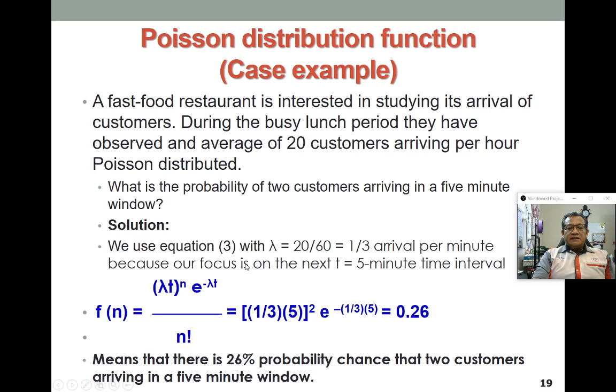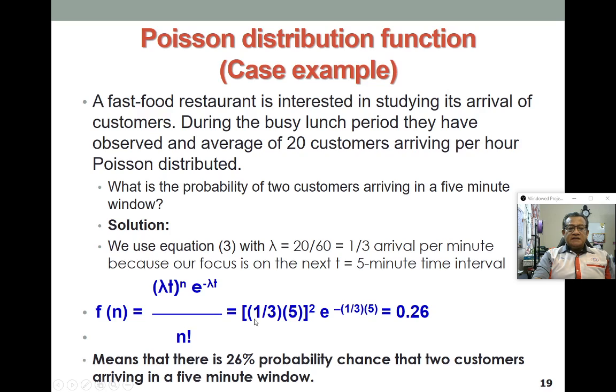In order to calculate this, lambda is 20 customers within 60 minutes. So it means 1/3 arrival per minute, because our focus is on the next 5 minutes time interval.